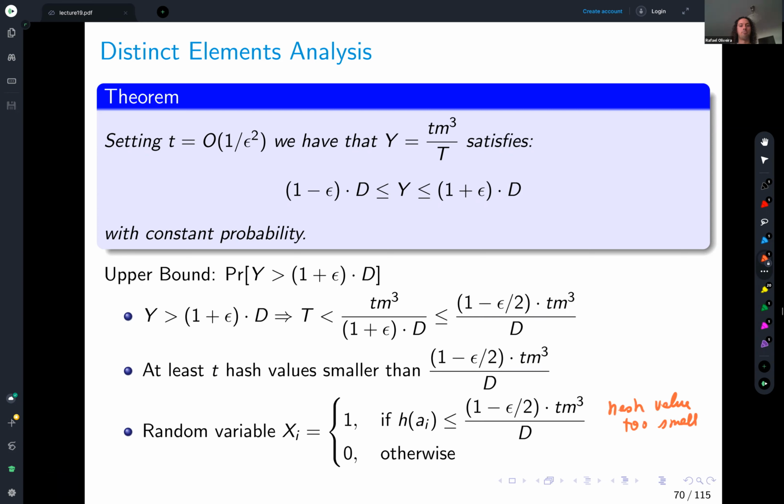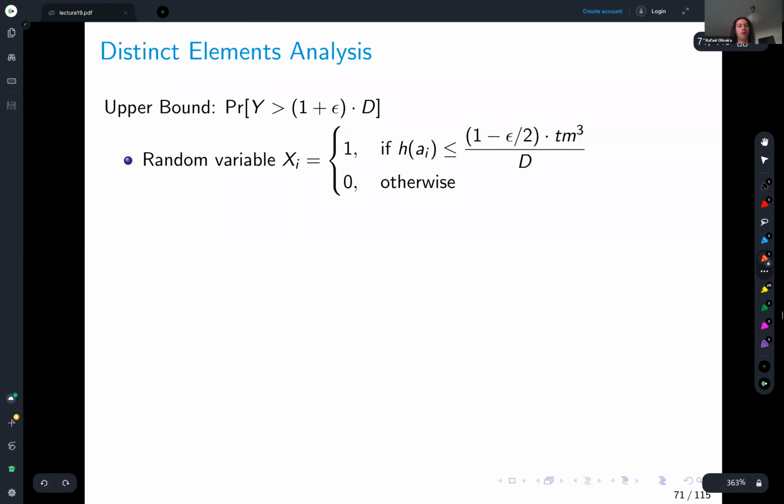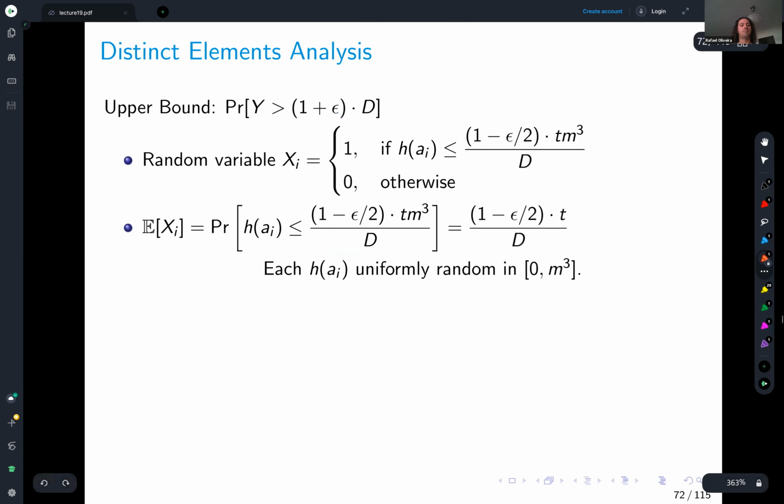This is just an indicator random variable. Once we have this random variable, we want to use our concentration inequalities to show that some probability is small. So how do we use the concentration inequality? What is the expected value of x_i? Because x_i is an indicator variable, it is just the probability that h_i is less than or equal to (1 minus epsilon over 2) times t m cubed over d. But remember, h is strongly 2-universal.